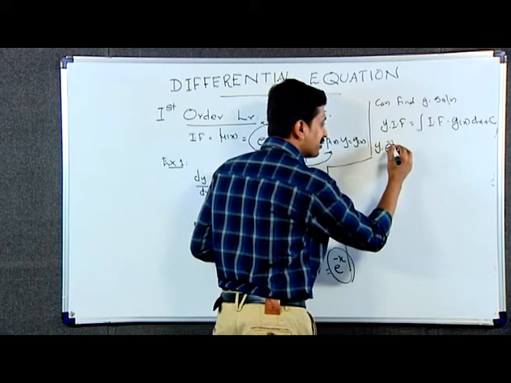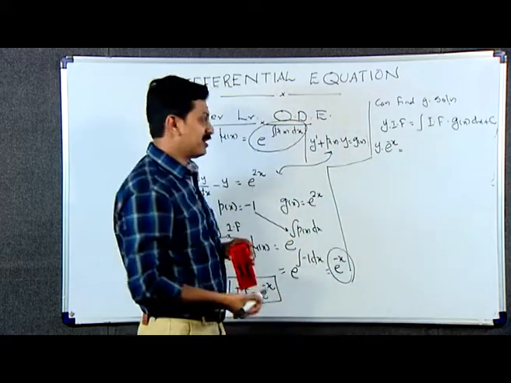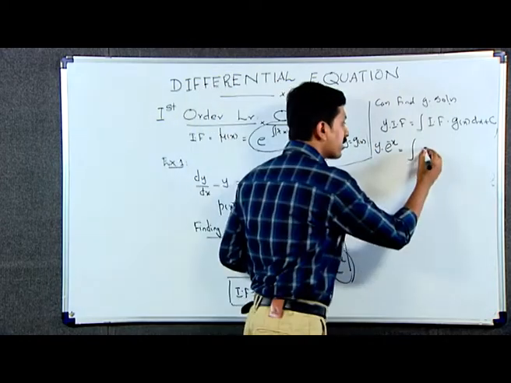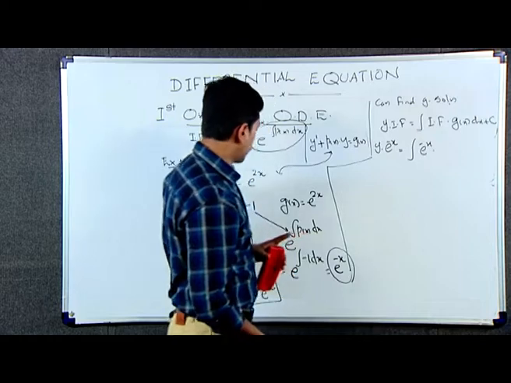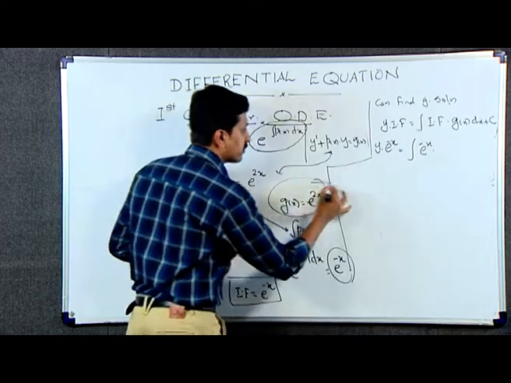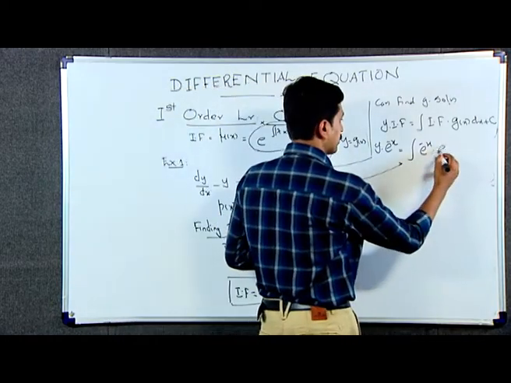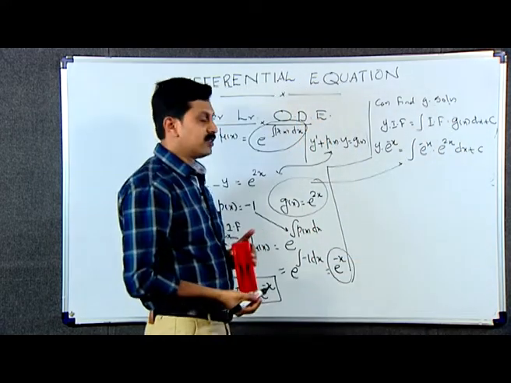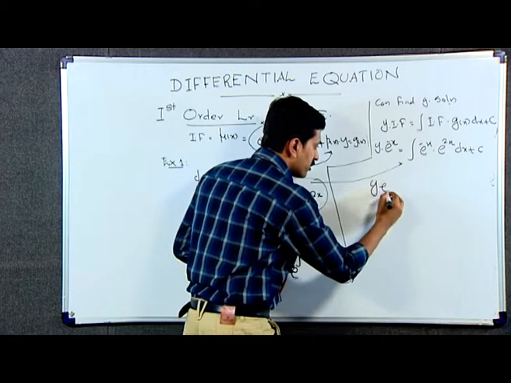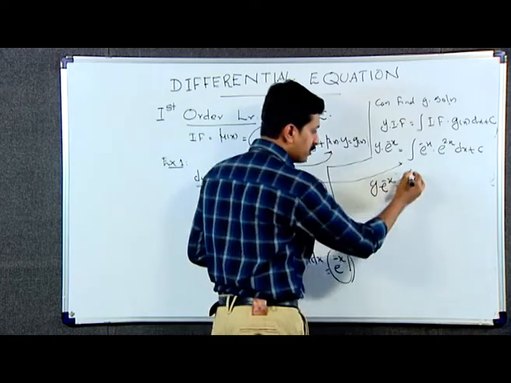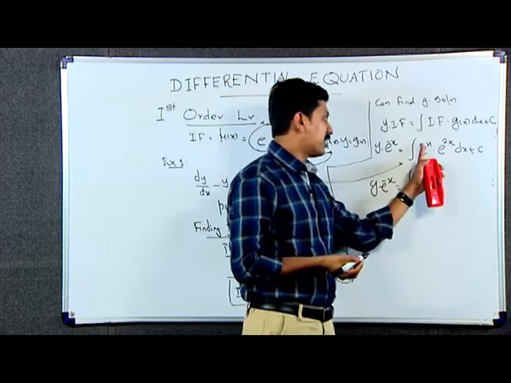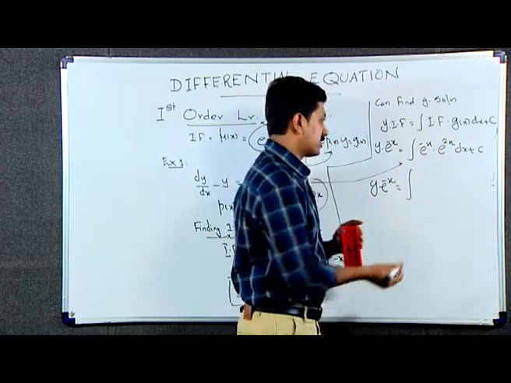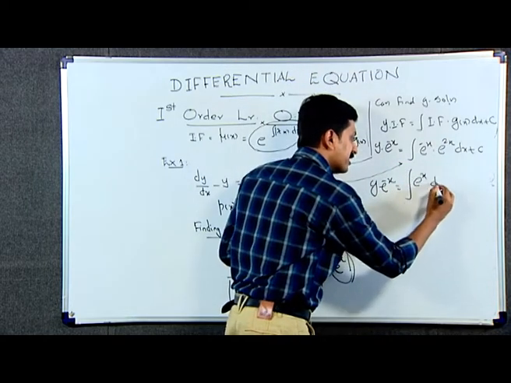So, y into e raised to minus x is equal to integral of e raised to minus x into g of x, and g of x is e raised to 2x, dx plus c. See, e raised to minus x and e raised to 2x gives e raised to 2x minus x, that is e raised to x, dx plus c.